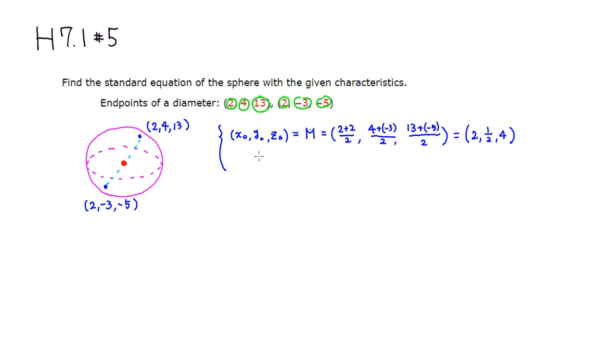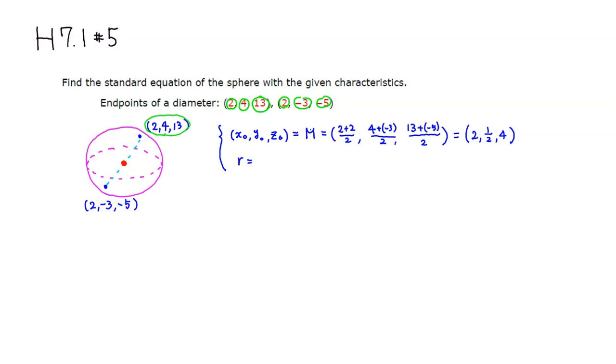The radius r is the distance between the center and one of the two endpoints. You can use either one, so let's use this one. No reason, I just randomly chose it.